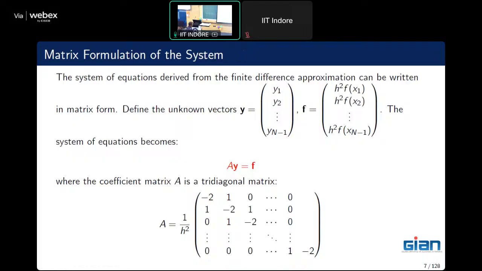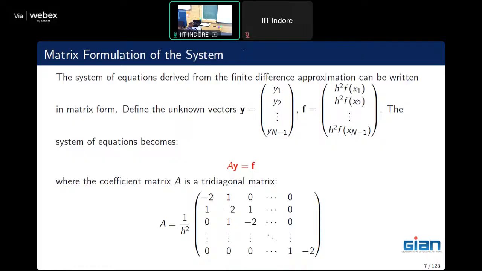This matrix equation is tridiagonal because it has only the super diagonal, the main diagonal, and the subdiagonal. That's why it is called a tridiagonal matrix.